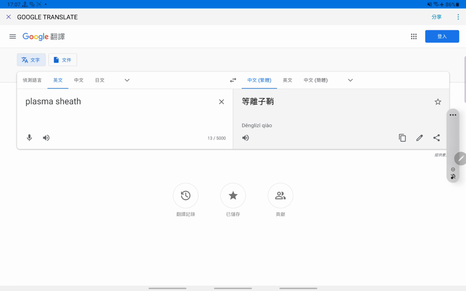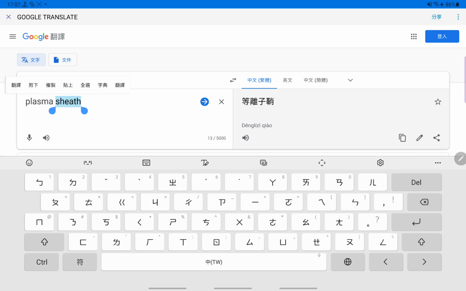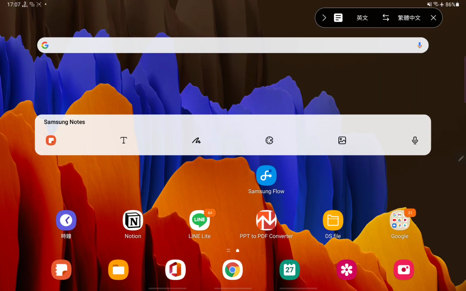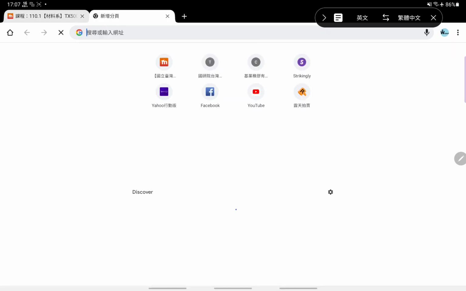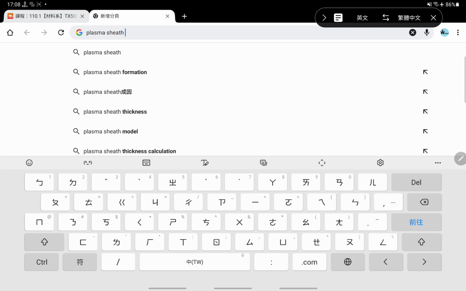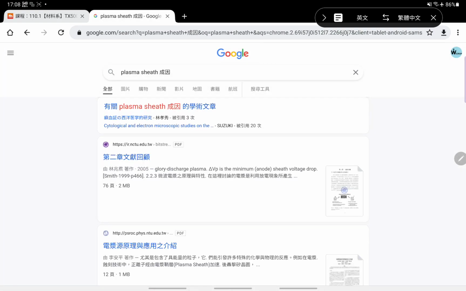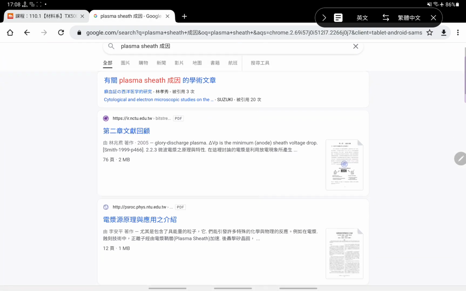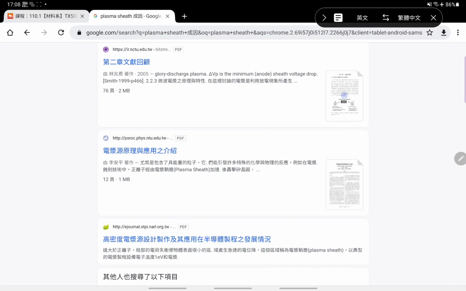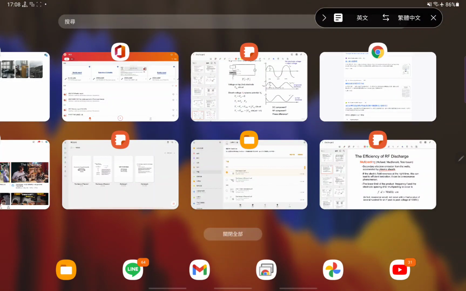Okay. But in an RF system, the sheath will also change with time. So the sheath is not a fixed condition. The sheath will change with time because the direction of the electrical field also changes with time. So the sheath will move back and forth, back and forth.